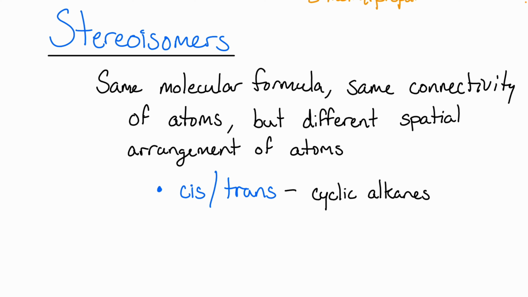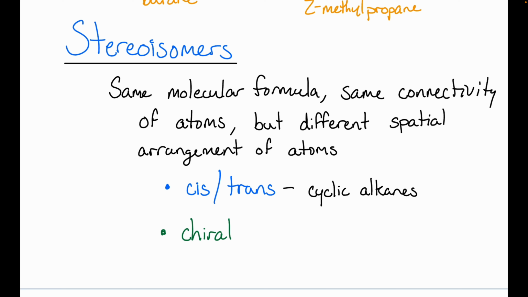And then the ones that we're going to talk about next week are what are called chiral stereoisomers. And we'll get to that next week. We're kicking the can on that one. All right, so again, what we're going to focus on are our cyclic alkanes and this concept of these cis-trans stereoisomers. So what do I mean by that?